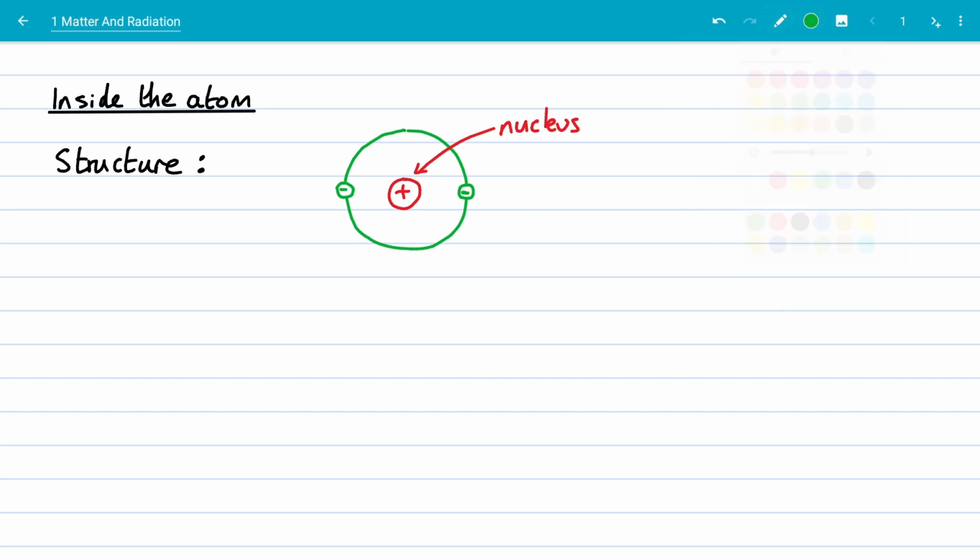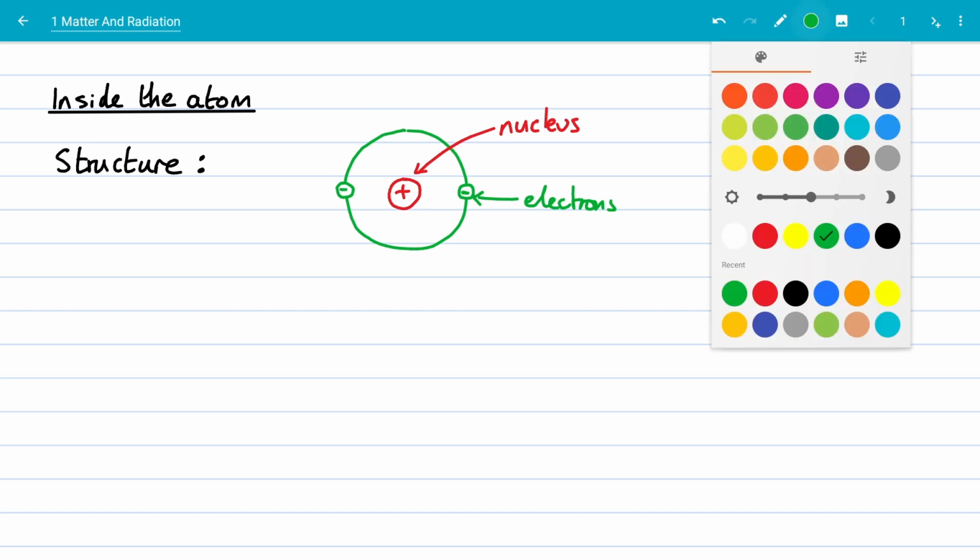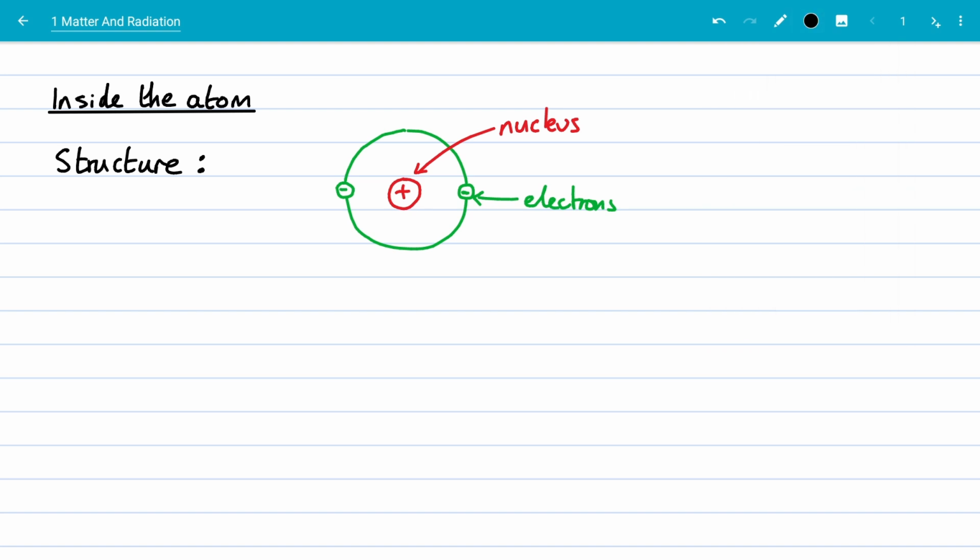Now, this is not to scale, not even close to being to scale. The nucleus itself is actually significantly smaller than this. The nucleus itself is about 1 in 10,000 times the size, so 1/10,000th the size of the atom.